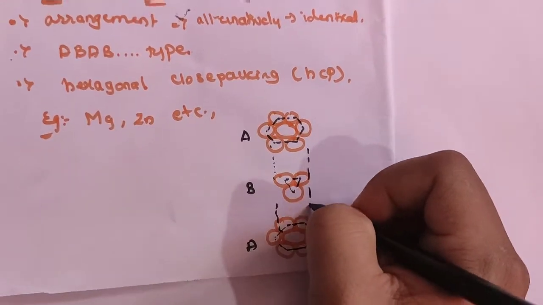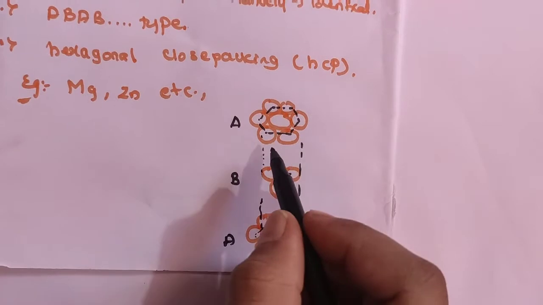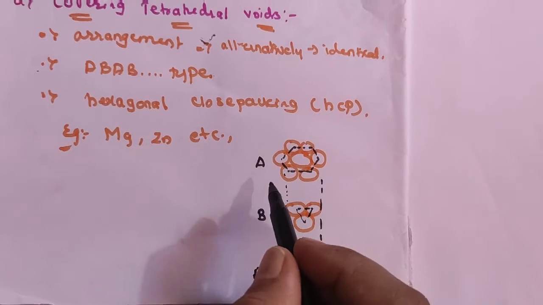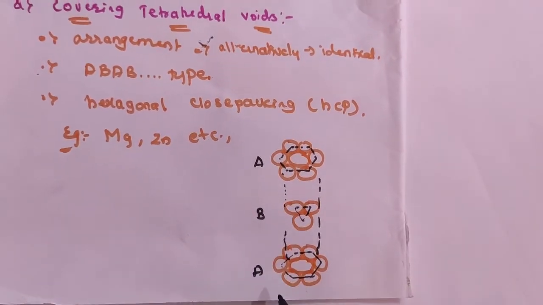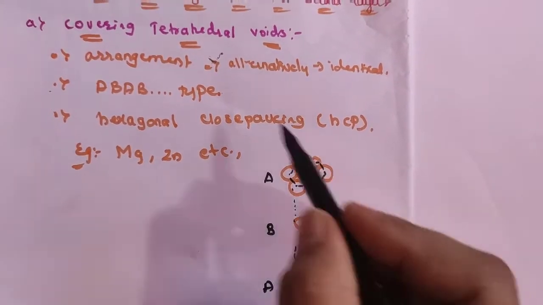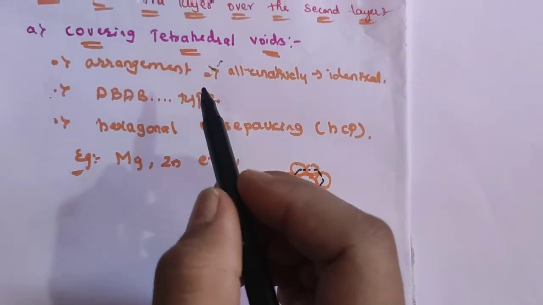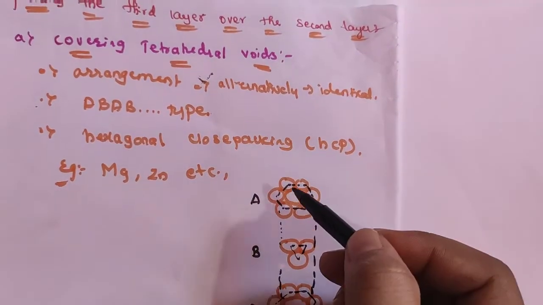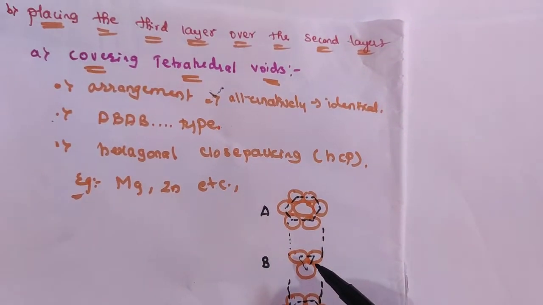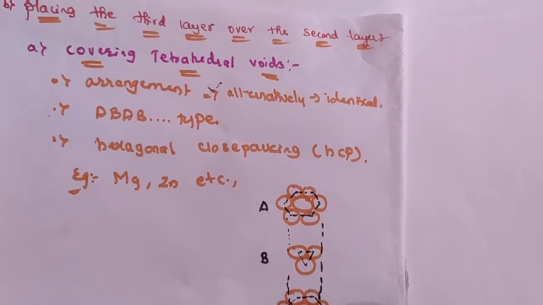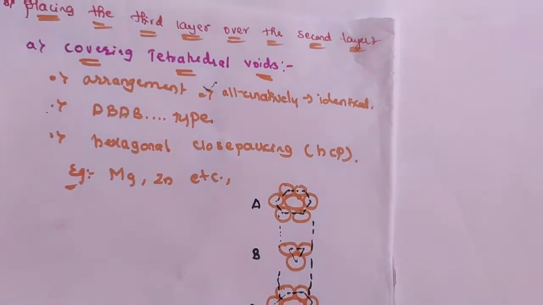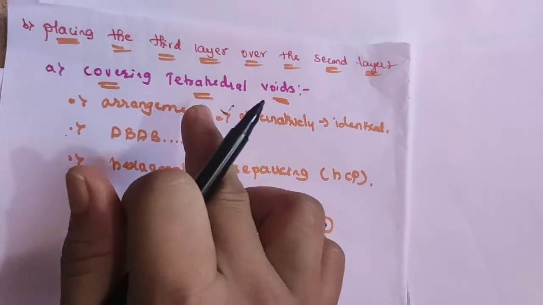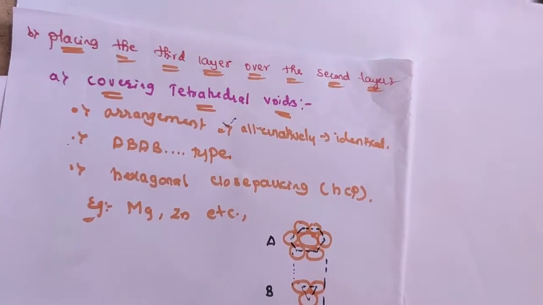So in hexagonal close packing, this one is A, and this one is B, and here again A. I have already mentioned that the arrangement is alternately identical. So A is not similar to B, again A is similar to A. So this arrangement is in an alternate way. This type of covering is called covering of tetrahedral voids.